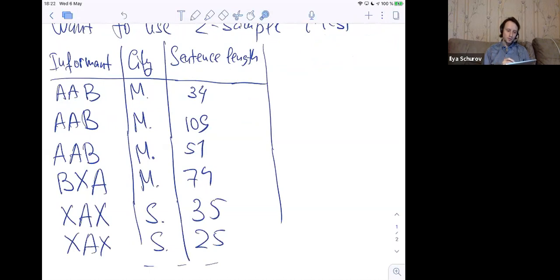So my data looks like in this table. So in this case, one row of this table is one sentence. So in this case, one observation is one sample.